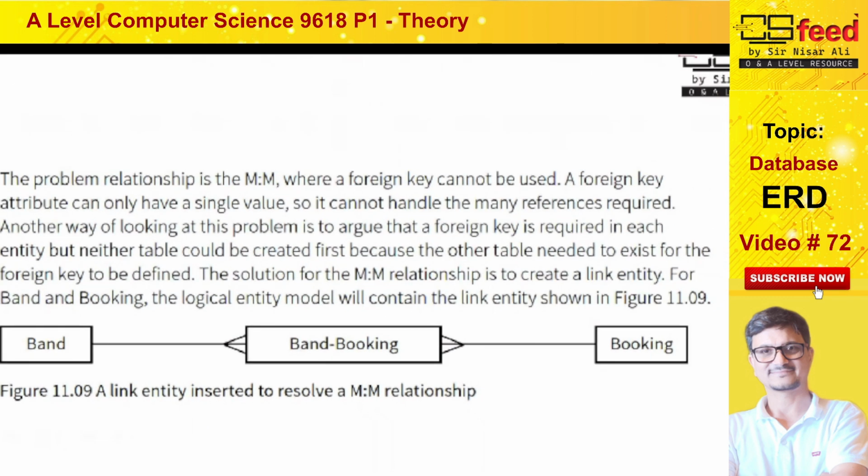Now the third one, the problem relationship, is the many-to-many. This is actually the problematic relationship, where a foreign key cannot be used. Why? Because a foreign key attribute can only have a single value, so it cannot handle the many references required. Another way of looking at this problem is to argue that a foreign key is required in each entity, but neither table can be created first because the other table needs to exist for the foreign key to be defined.